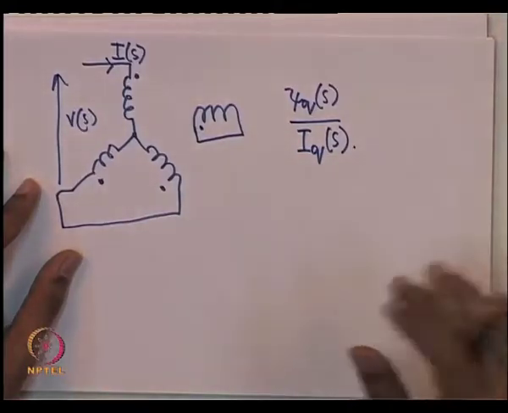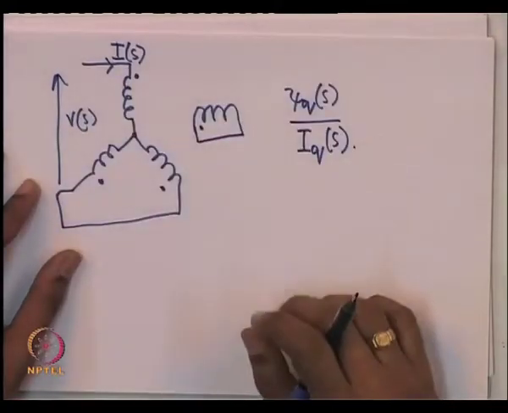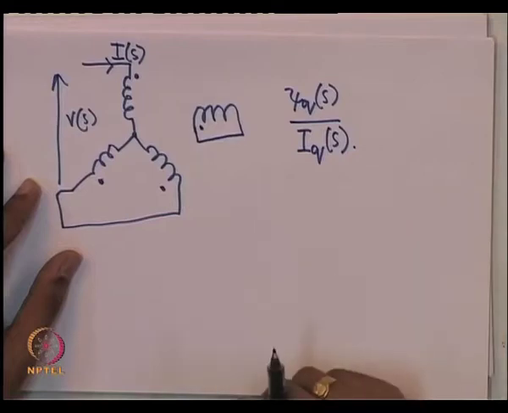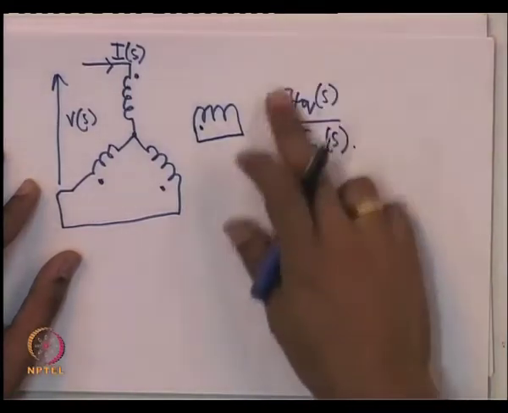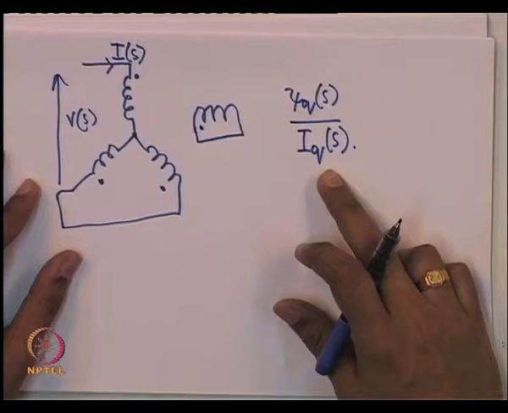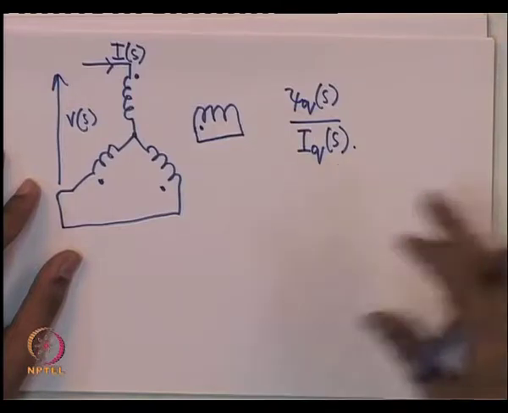The reason of course is that under these situations I d will turn out to be 0. So, what we will get effectively is the transfer function which is of importance, which is actually going to be this.